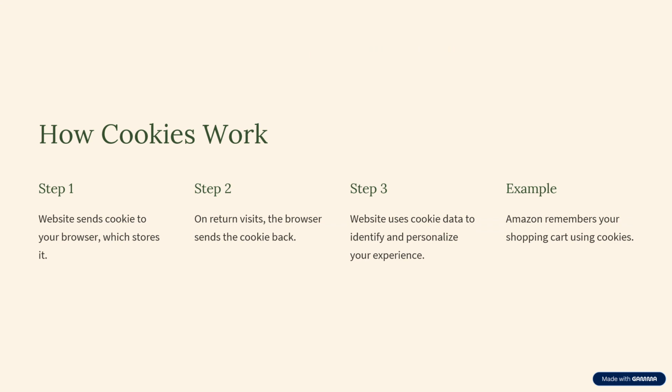Step 1: the website sends a cookie to your browser, which stores it. For example, Facebook sends a cookie with your user ID after login. When we visit Facebook, it gives a pop-up message to accept cookies, because cookies are used to store data.